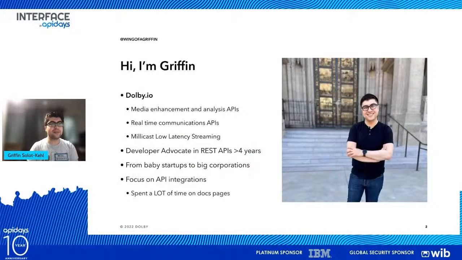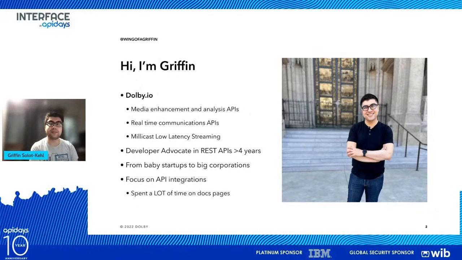So the first thing that I like to do is talk a little bit about myself. I work at Dolby.io, a new endeavor at a company that's been around for over 40 years, where we're trying to make developer-first APIs. This involves media enhancement and analytics, real-time communications, and a recent acquisition of Millicast for low-latency streaming.